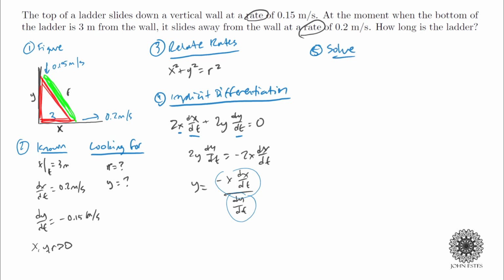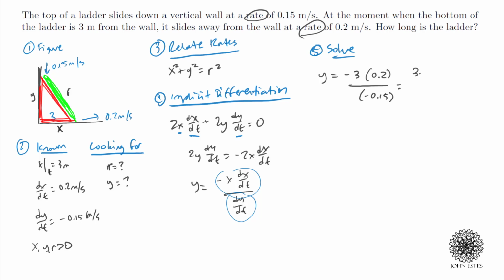And so all I need to do is just plug in my numbers. So that is y equals, well, I know that x is going to be 3, so I have negative 3 times 0.2 divided by a negative 0.15. Okay, so the negatives can cancel out here, and so I have a 3.